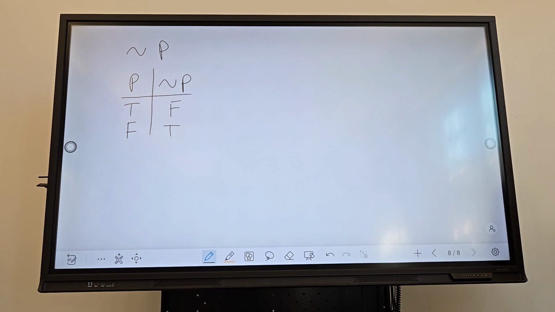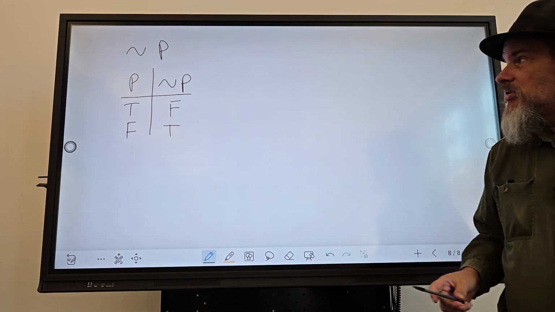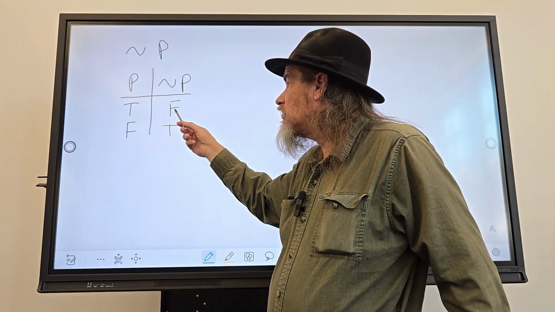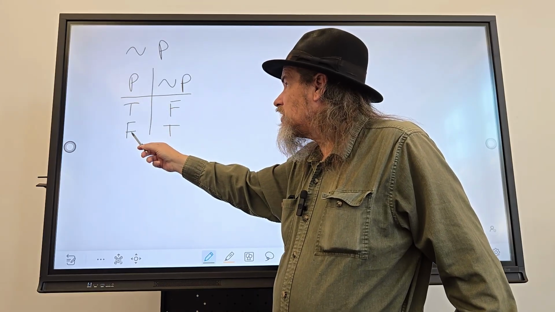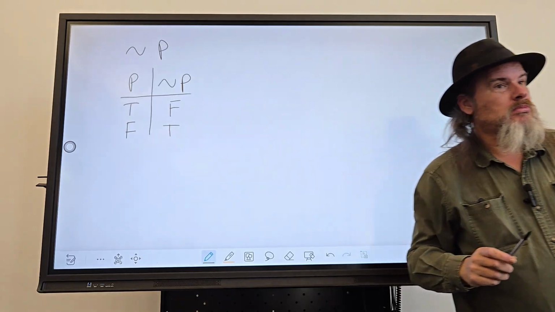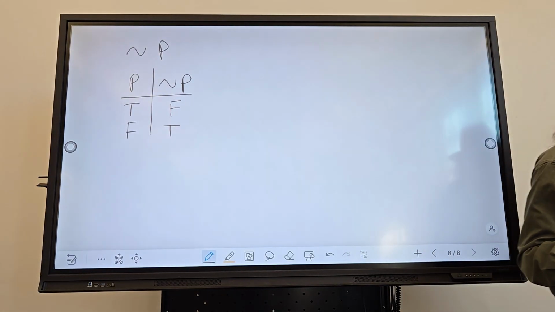That is a truth table, indicating that if P is true, not P is false. If P is false, not P is true. Okay?